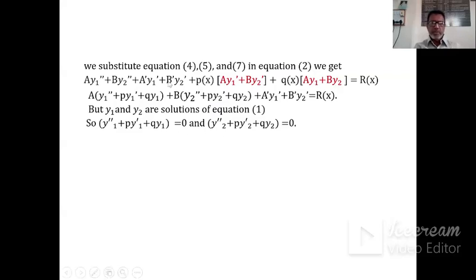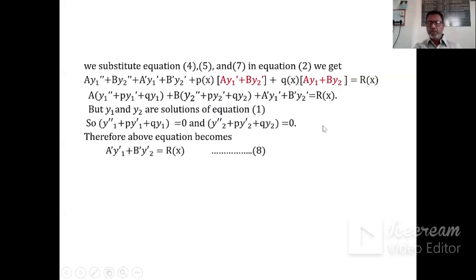Now substituting this in the above equation, we get A dash y1 dash plus B dash y2 dash is equal to r(x). We call this equation number 8. And then we solve equations 6 and 8 for A dash and B dash.